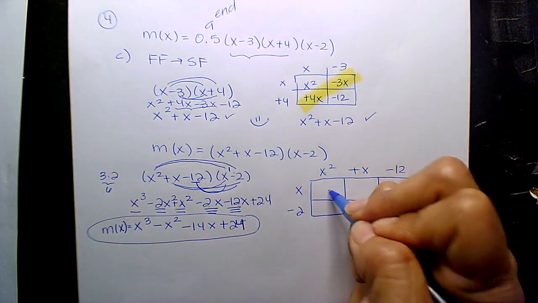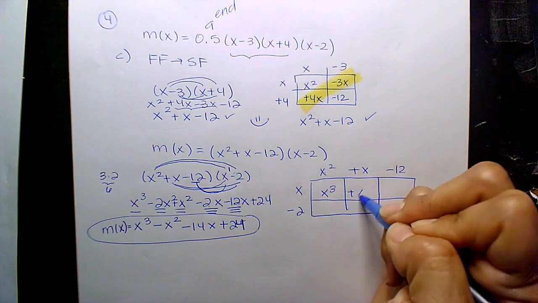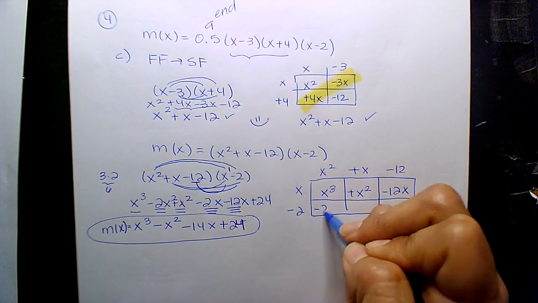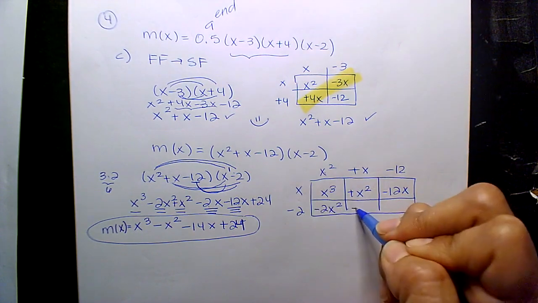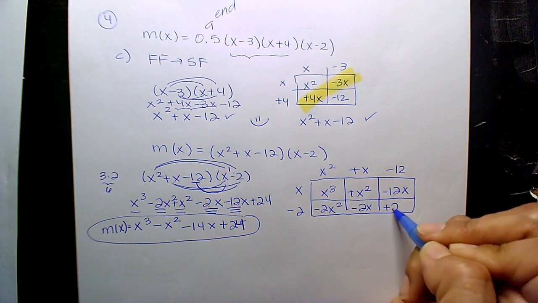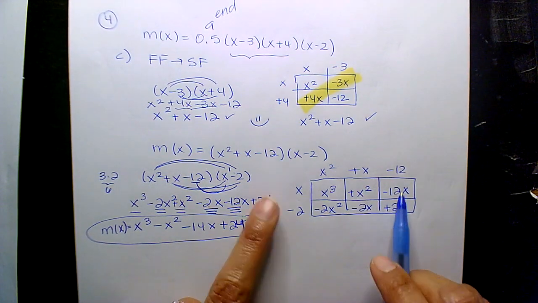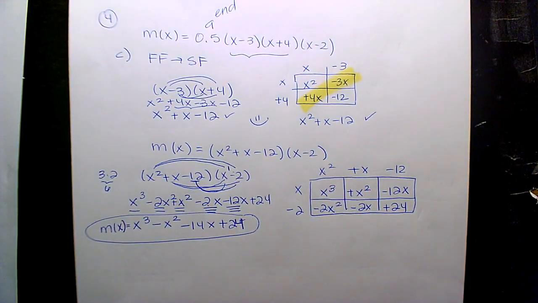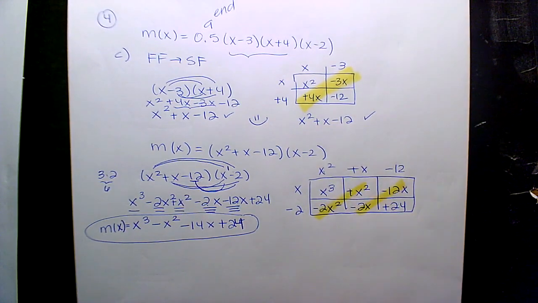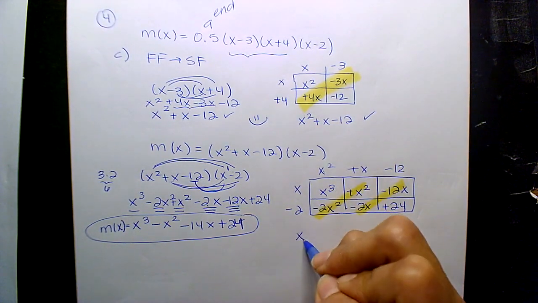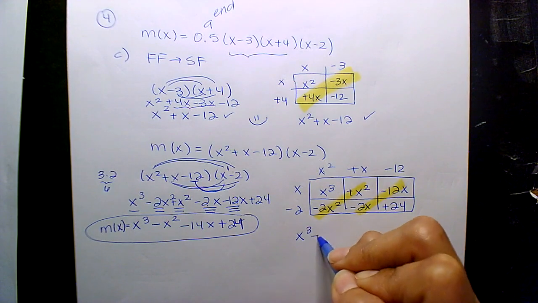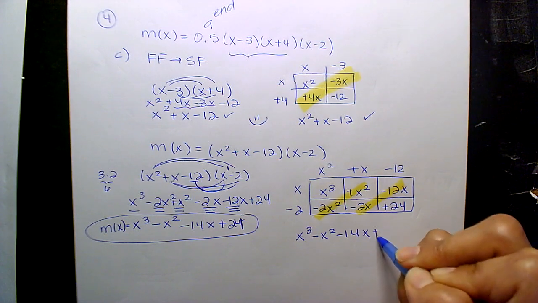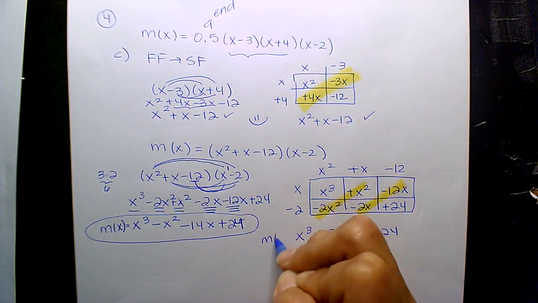All right, here I get x cubed plus x squared minus 12x, negative 2x squared minus 2x plus 24. All right, so far it matches. So now I combine my like terms. So I get x cubed minus x squared minus 14x plus 24, and I get the same answer.